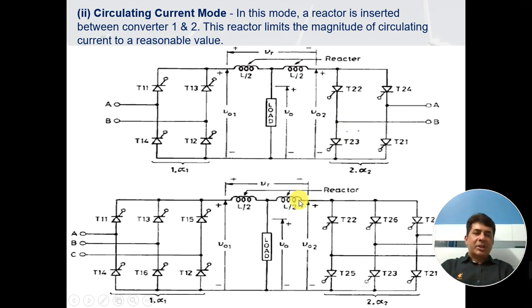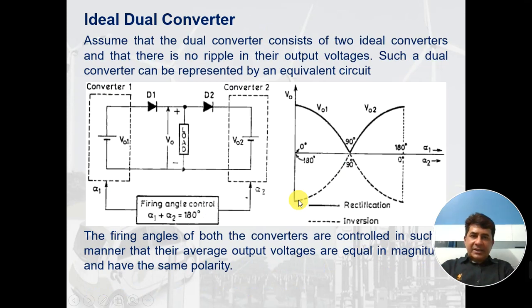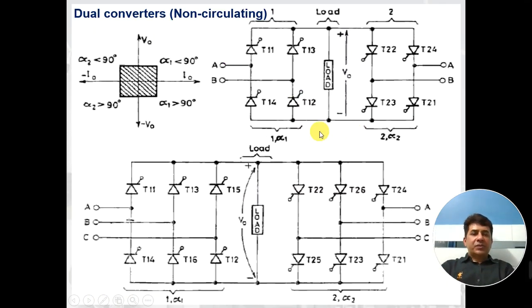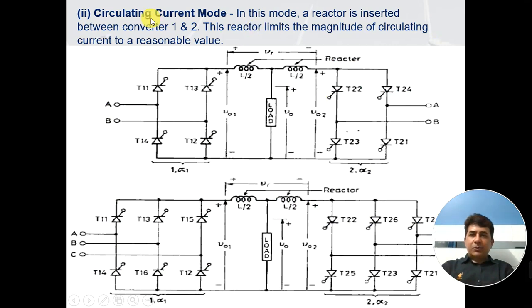So this reactor becomes an important thing. That is the reason in these two figures I have written the dual converters as non-circulating, because I have not used any reactor here. So these reactors which I have placed in this second mode are placed so that the circulating current is not flowing.